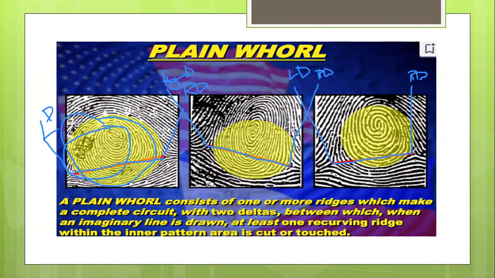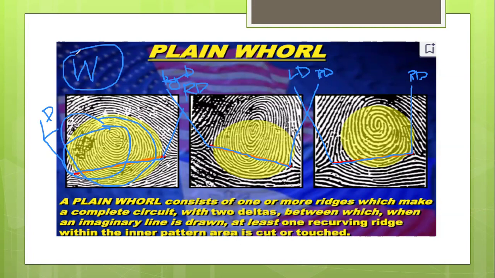That is what we call a plain whorl. In identifying the fingerprint pattern, the plain whorl has the sign of a double U. This one. And that's the sign of a plain whorl.